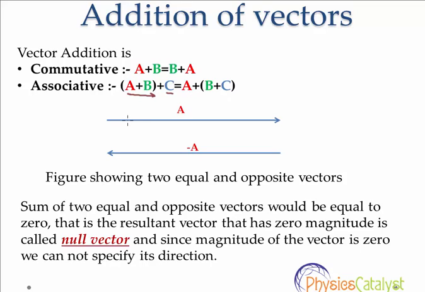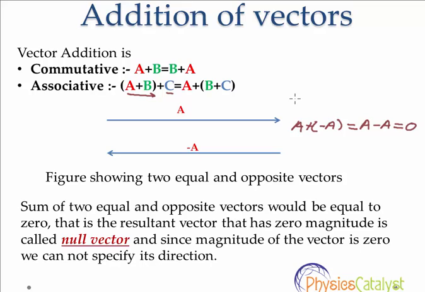Now consider two equal and opposite vectors A and minus A as shown in this figure. Now if we add these two equal and opposite vectors, their sum would be equal to 0. That is, A plus minus A is equal to A minus A, which is equal to 0.